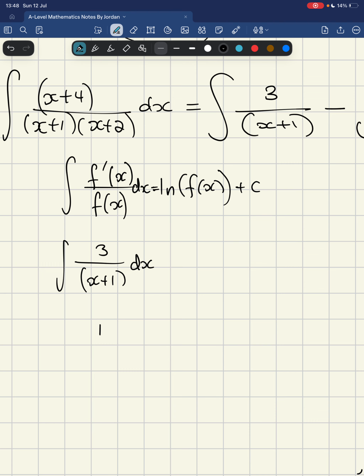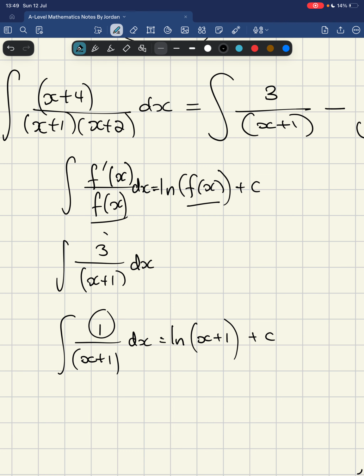So if I actually had this, okay, then this rule here would tell me, since the derivative of the function is exactly at the top, then I would get the log natural of the function you see at the bottom. As you can see, the f of x is here and here, okay? But since I don't see a 1 there and I see a 3 there instead, then it's just 3 times the amount, and so this one is 3 ln x plus 1.